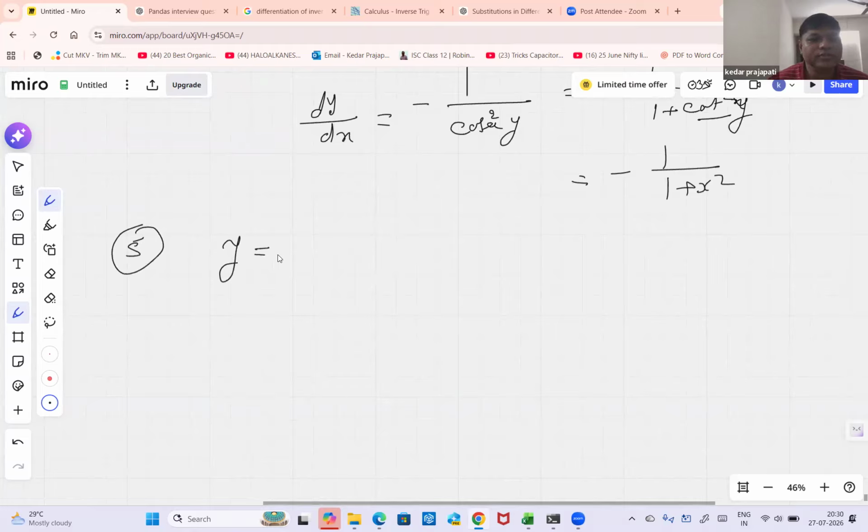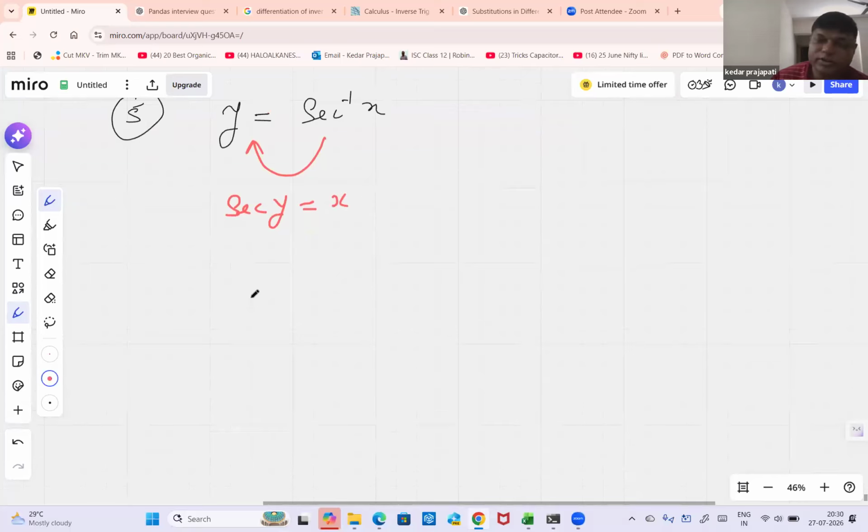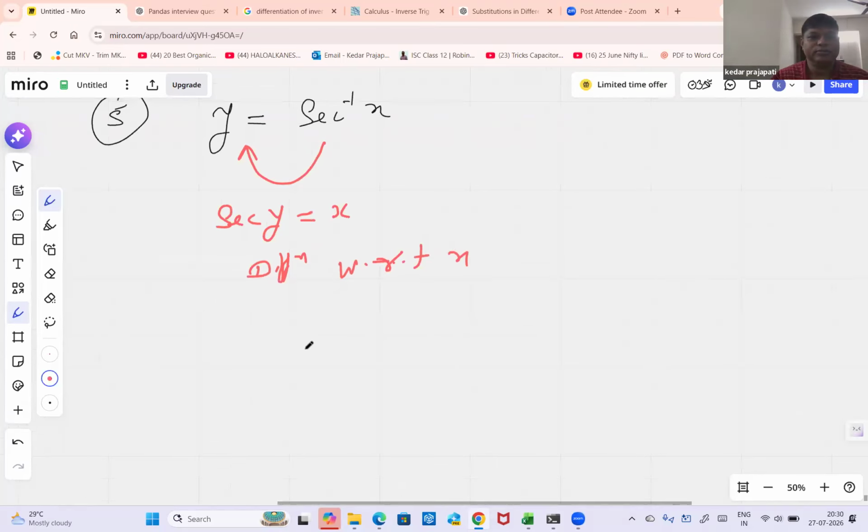Now we have to do it for sec inverse x. What will you do? Bring sec this side, so this will become sec y is equal to x. Now differentiating with respect to x, you can write it in short.